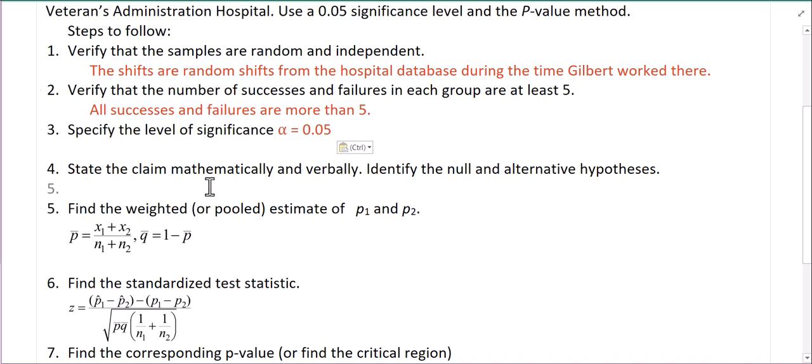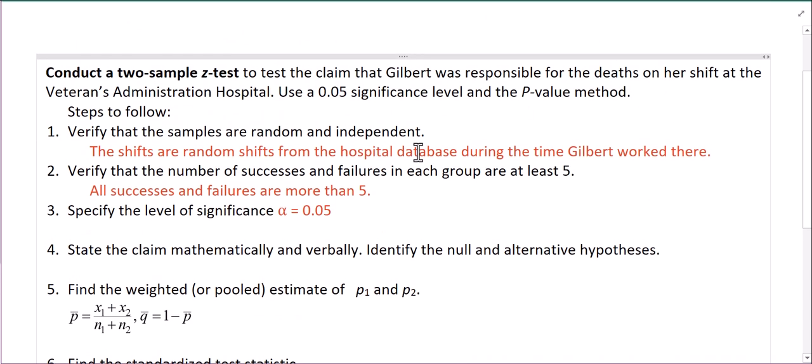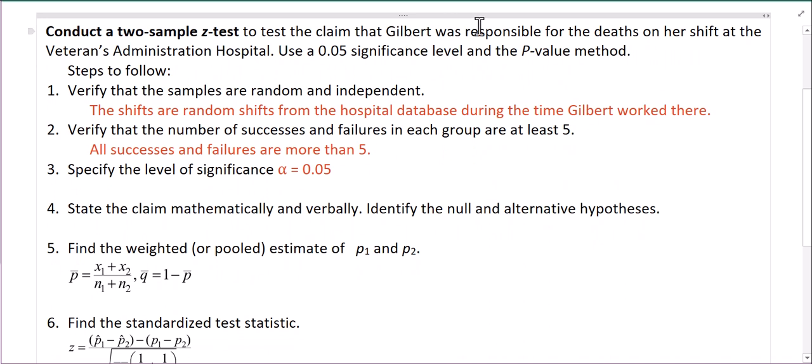So what is the claim? The claim is that Gilbert is responsible. This says right here, Gilbert was responsible for the death on her shift at the Veterans Administration Hospital. So if she's responsible, what do you expect the difference to be?